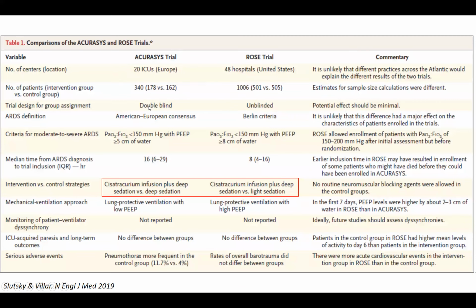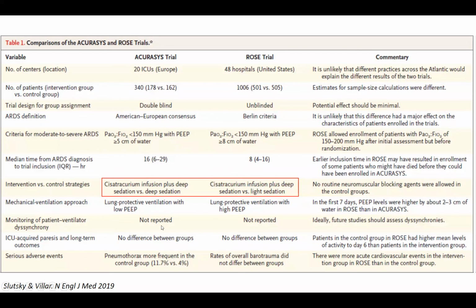ACURASYS was double blind, which was the reason for giving deeper sedation to the unparalyzed sample. ROSE was unblinded because if you're giving light sedation and no paralysis, you can't blind that. Same level of severity, median time from ARDS diagnosis, this is in hours, so not really that different, 8 versus 16 hours.